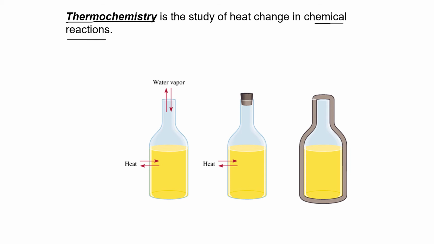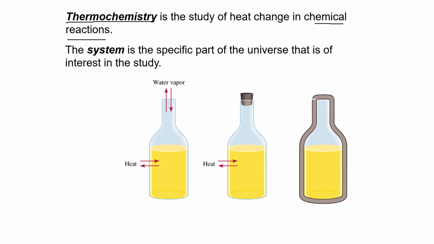And the system is the specific part, in this case the chemical reaction, that is of interest in our study. And there are three types of systems that can be utilized, and we're going to compare them. In the first system, this is an open system, and so here we have a container.